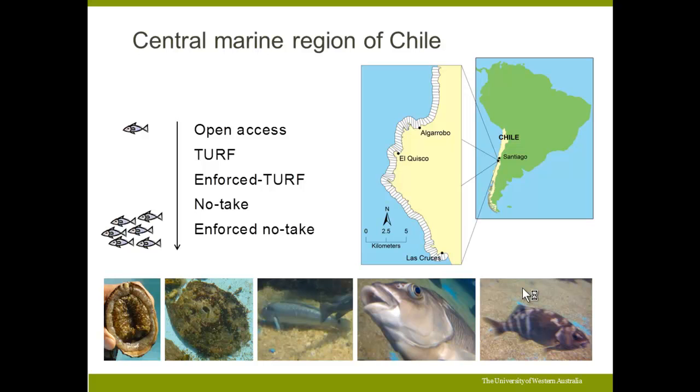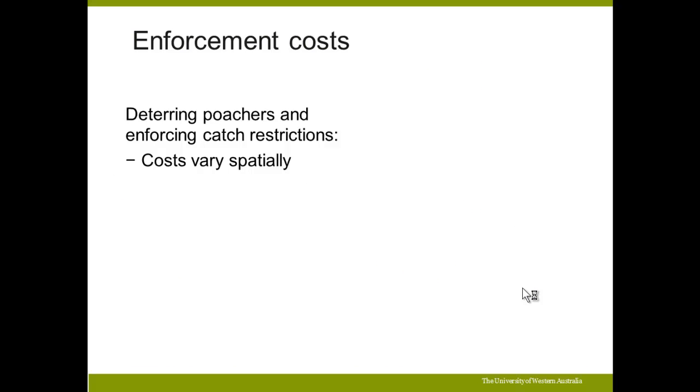What this study found, however, is that these enforced turf zones behave very similarly to enforced no-take areas. So if you have a system of property rights in place and it's enforced, then you get almost as much abundance as you would in a pure no-take area with no catch at all. So this was our data on abundance, and next we were interested in looking into our management costs. We're looking at enforcement costs.